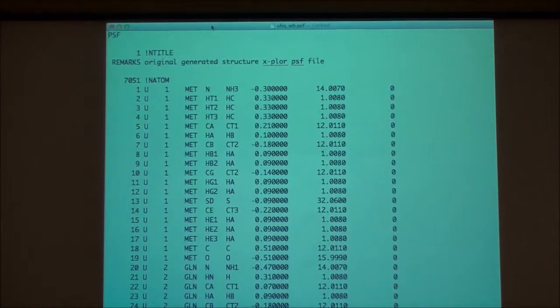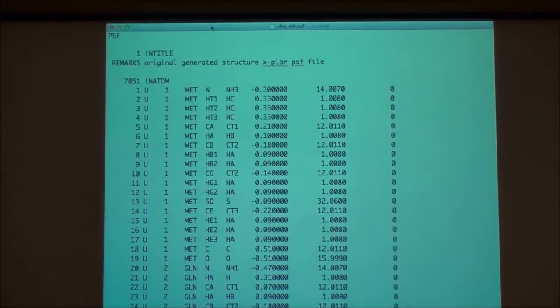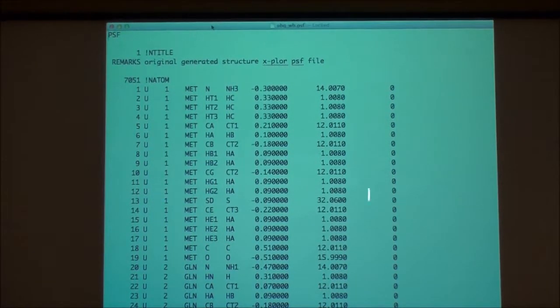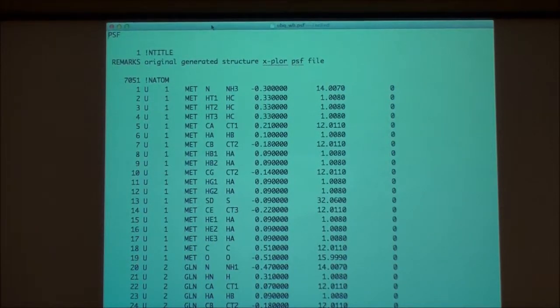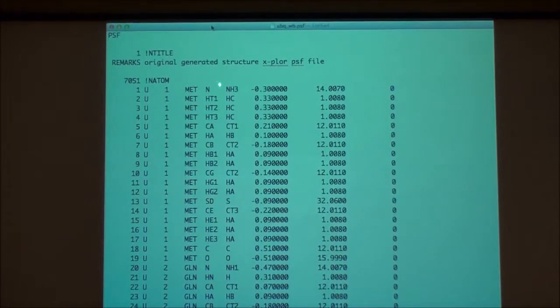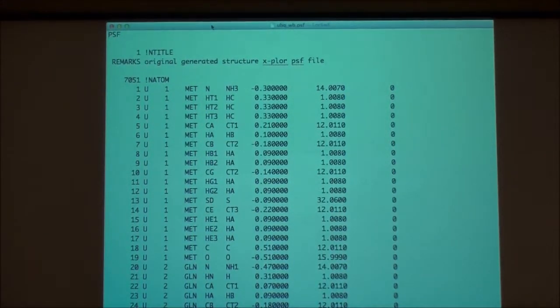Let me look at the topology file, see what information I have for methionine, and dump that information into this PSF file. Then you go to the next residue, get the topology for that residue, and dump it into the PSF file. So the PSF file will contain all the topological information: connectivity, the number of bonds, atom names, atom types, and charges for the whole molecular system.